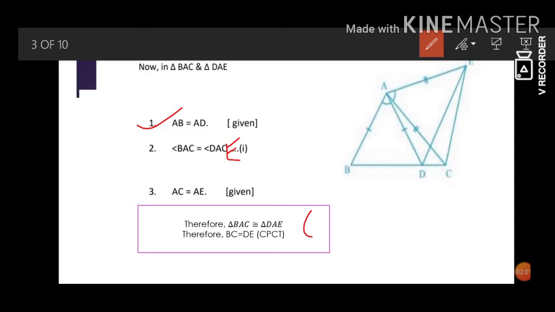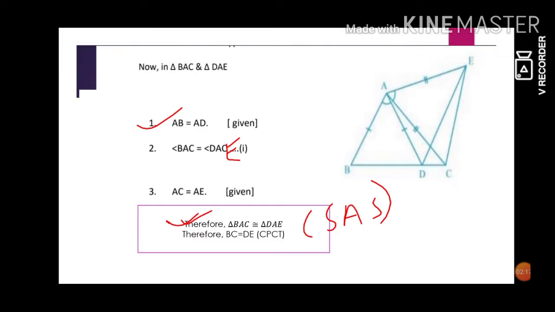So by the side angle side congruency rule, we can say the two triangles are congruent, and hence BC is equal to DE by CPCT. So what we were required to prove is achieved.